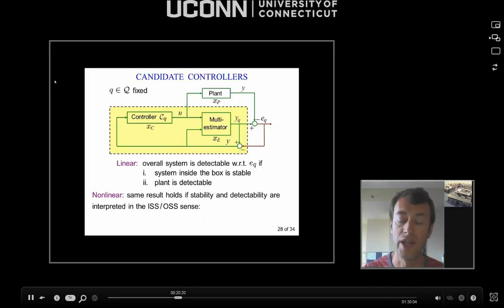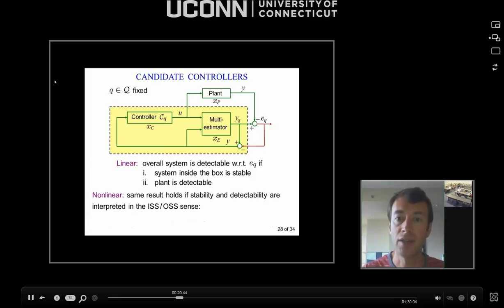This is a so-called class KL function, if some of you might be familiar with that. And this is a nonlinear gain function of the supremum norm of the external signal on the interval between 0 and t.